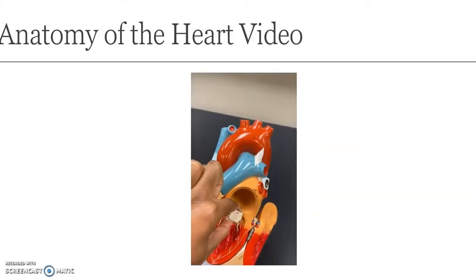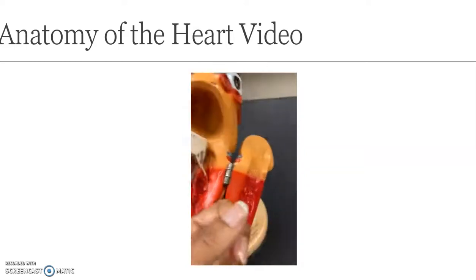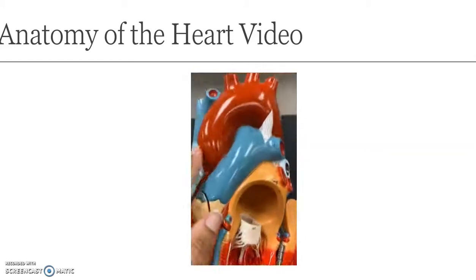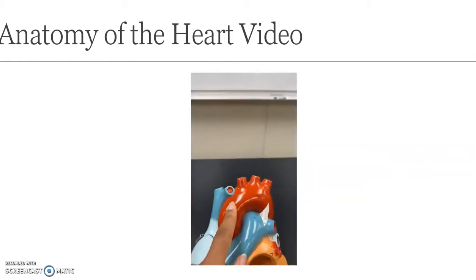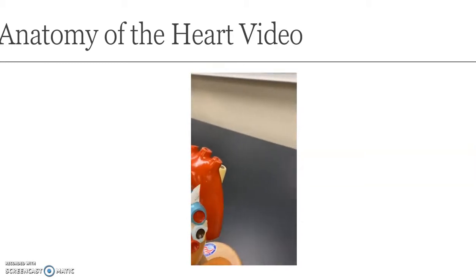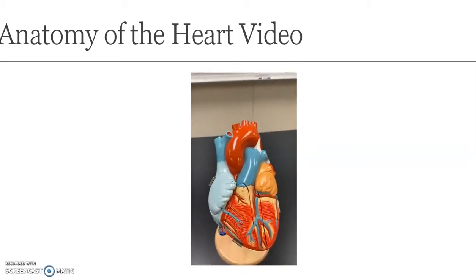It's going to go through this bicuspid valve to get to the left ventricle. Then it's going to go through your aortic valve, from your aortic valve through your ascending aorta, arch of aorta, descending aorta, and then to your abdominal cavity, okay, as your abdominal artery.